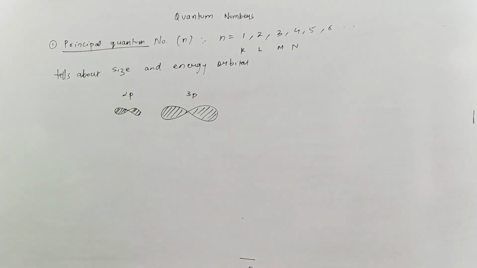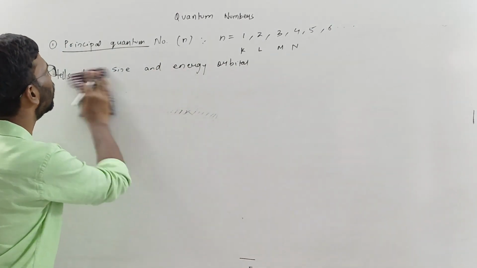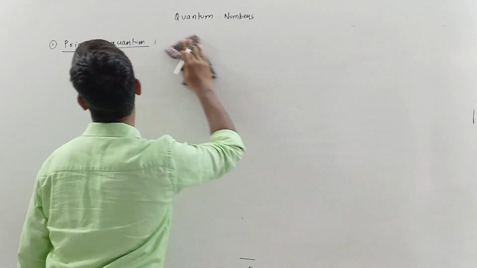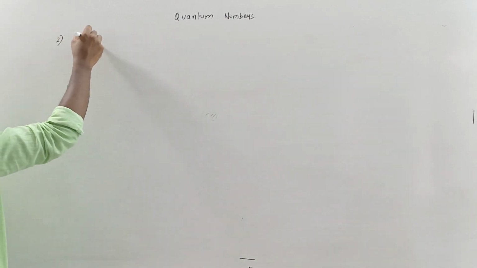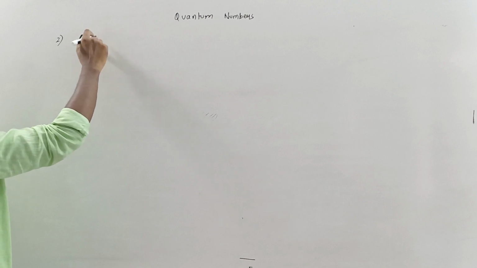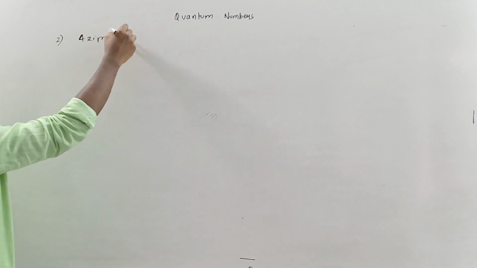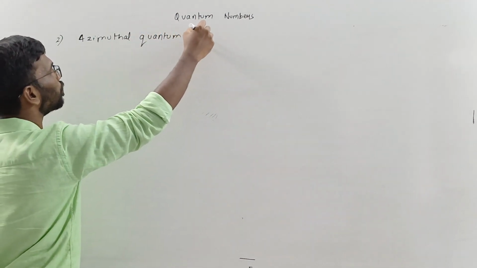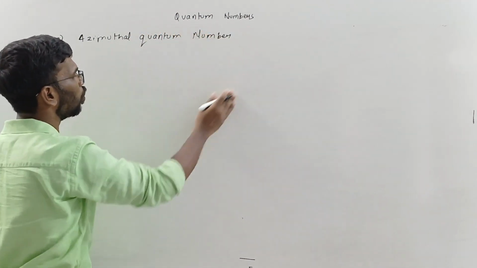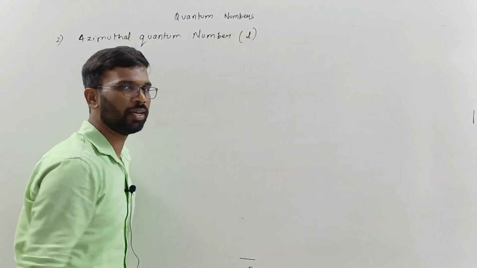Next is the azimuthal quantum number. The second quantum number we'll discuss is the azimuthal quantum number. It is represented by l.